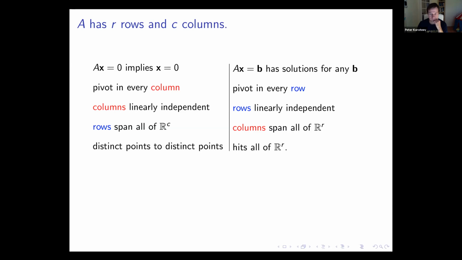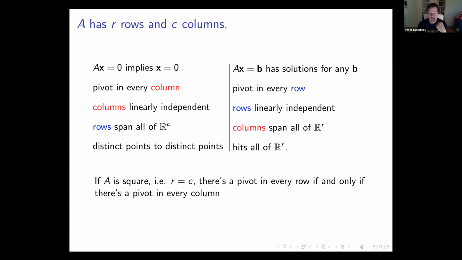It's a useful summary. Now, if matrix A is square, which will be a big chunk of our calculations, then there's a pivot in every row if and only if there's a pivot in every column, simply because the number is the same. So these are equivalent.